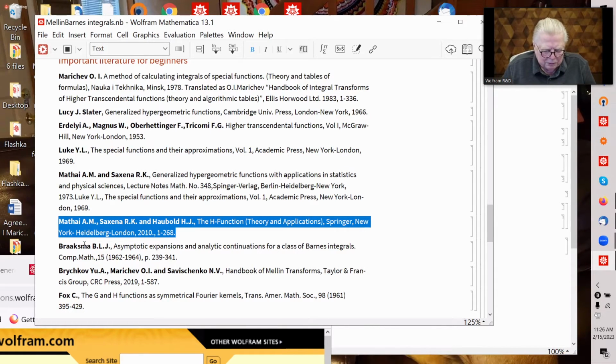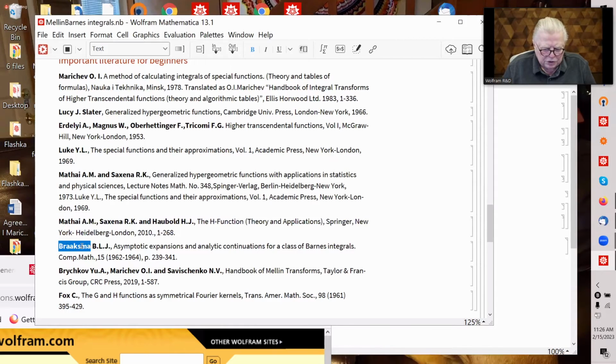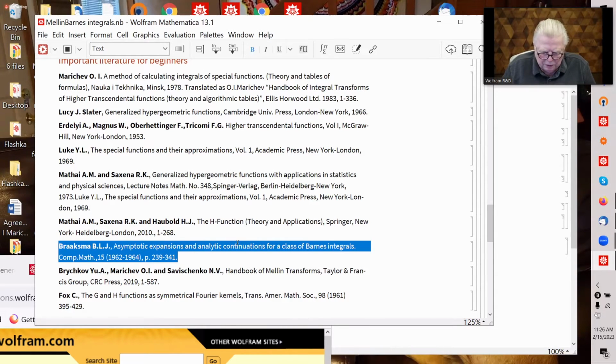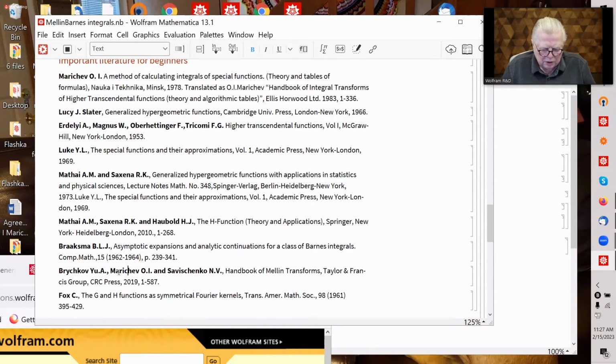But the major achievement, the detailed explanation, was done by Braaksma. He published a huge article, more than 100 pages, with explanation of Mellin-Barnes integrals. And recently, I, together with my colleagues, published this book in CRC.